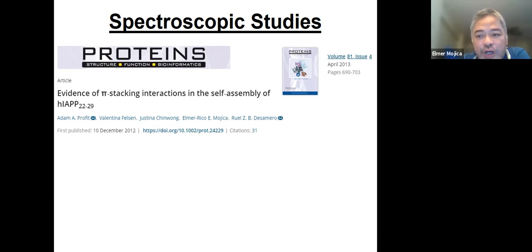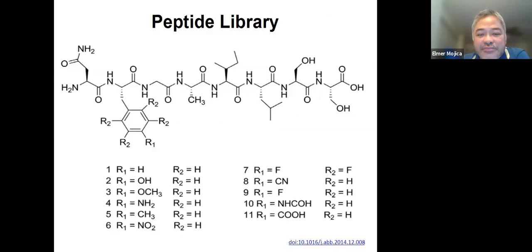So what we look at is one peptide, one protein that is involved in diabetes, and it's called amylin. So we look at a certain fragment in the amylin, the one from 22 to 29, the peptide there.